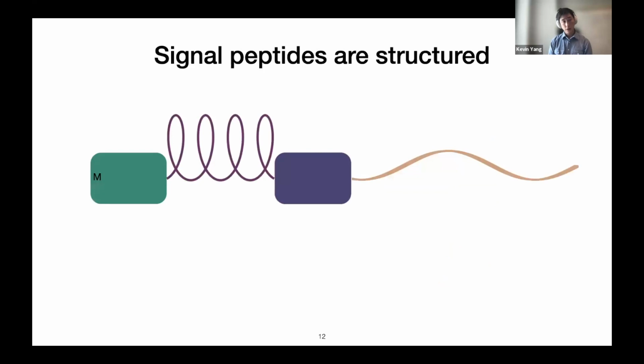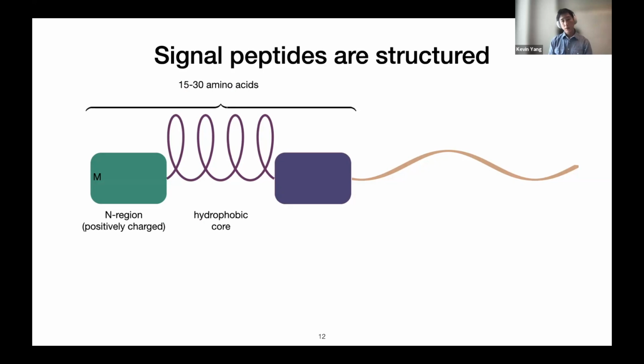Signal peptides are structured in the mathematical sense, not in the sense that they have a 3D structure necessarily, but in the sense that they are not completely free form. So they start with a methionine at the N-terminus. And then they're usually 15 to 30 amino acids long. The N-terminal region is generally a few positively charged residues.